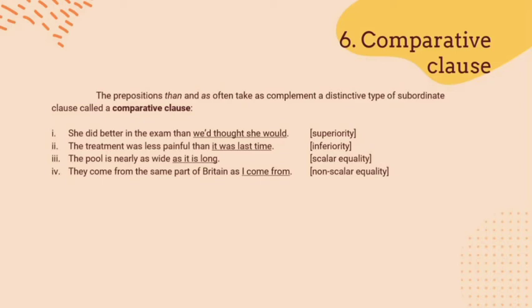Two: The treatment was less painful than it was last time. It is inferiority. Three: The pool is nearly as wide as it is long. It is scalar equality. Four: They come from the same part of Britain as I come from. It is non-scalar equality.